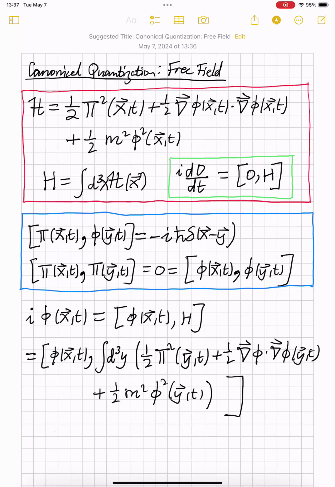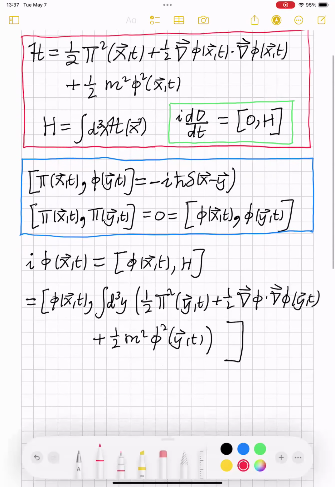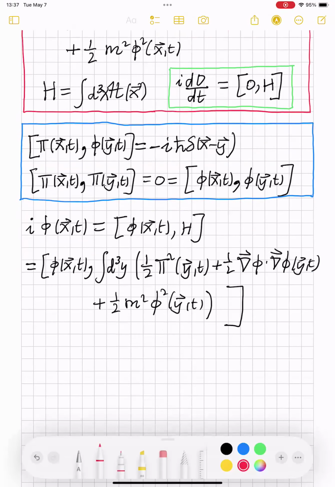Now, look at the commutators, and what you can see is phi commutes with phi. Because of that, there'll be no contribution from the gradient of phi dotted into gradient of phi term. That'll just commute with phi. And there'll be no contribution from the phi squared term. That'll just commute with phi. So all that we need to do is calculate the commutator of pi squared with phi.